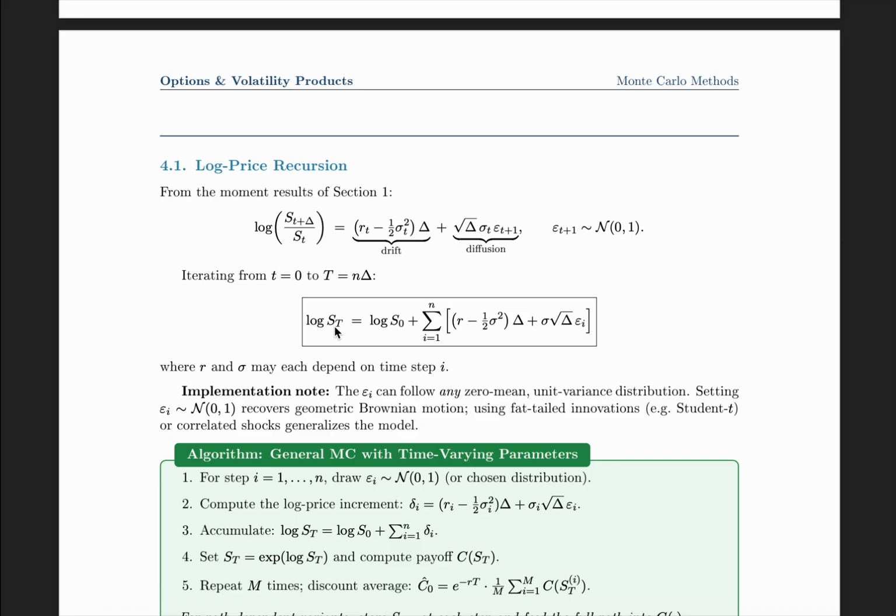So now we have simulated one possible path, right? Now, we just do this exact same process m different times, simulating m different possible stock prices. And for each of them, we determine the option price. And once we determine the option price for each path and we average them, we just discount it back to today.